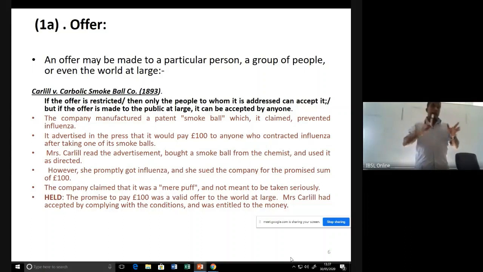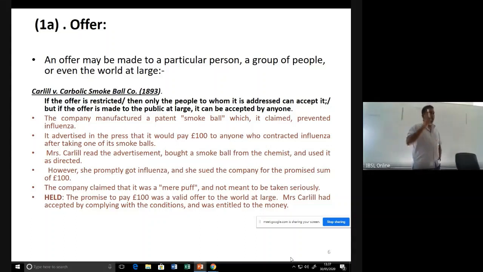Nobody other than the students of this class can accept it, because it is not addressed to any other person, it is addressed to the class. That type of offer, we call an offer to a group, a particular group. That is the second method by which I can make an offer.